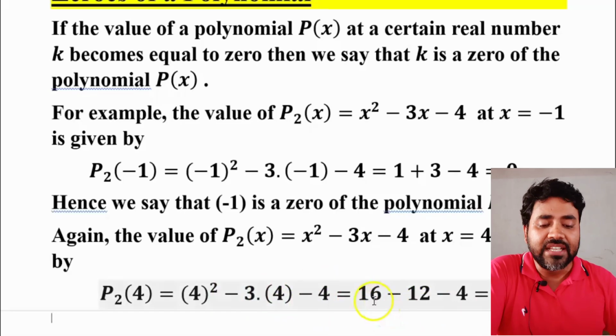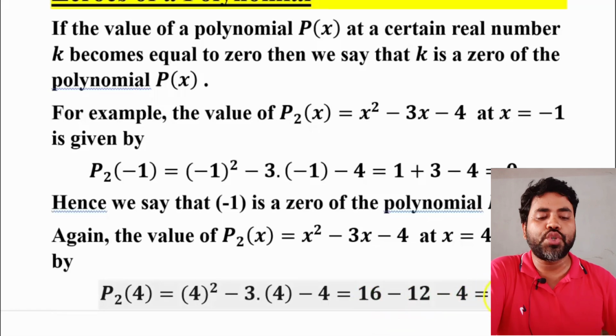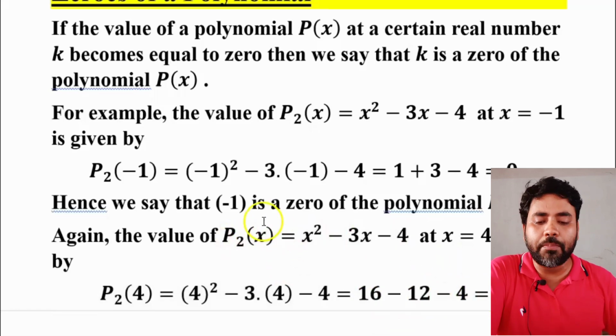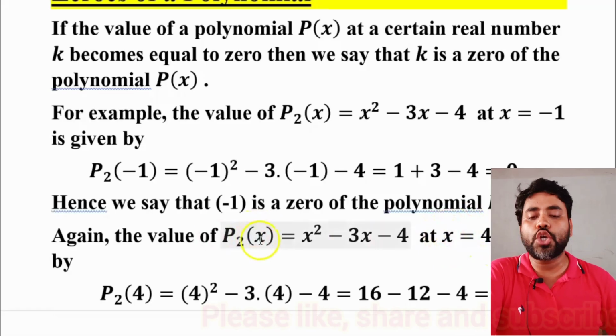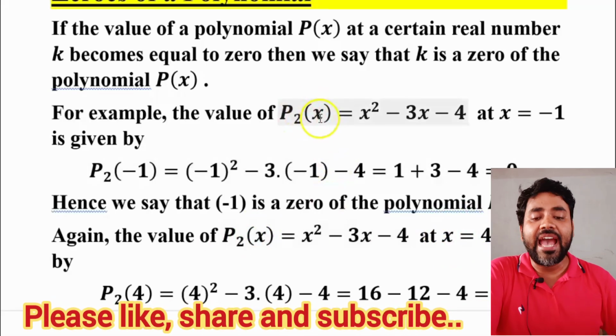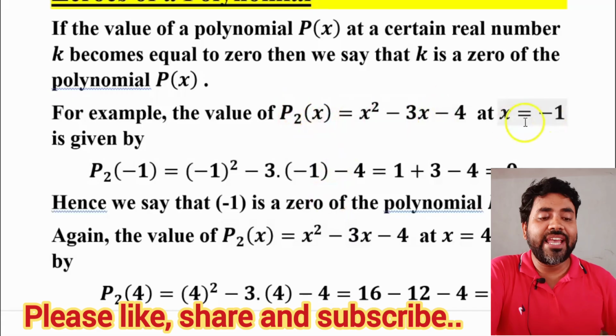So we have 16 minus 12 minus 4, which is also equal to 0. So the value of the polynomial p2(x), which is x square minus 3x minus 4, at the point x equal to 4 is also 0. So we call x equal to 4 another zero of this polynomial. So this polynomial p2(x) has two zeros, x equal to minus 1 and x equal to 4.